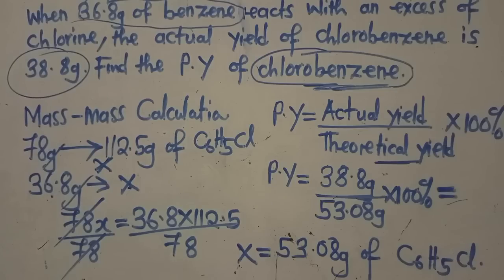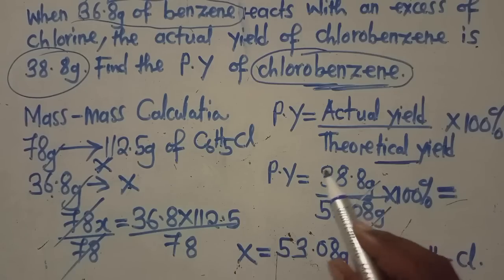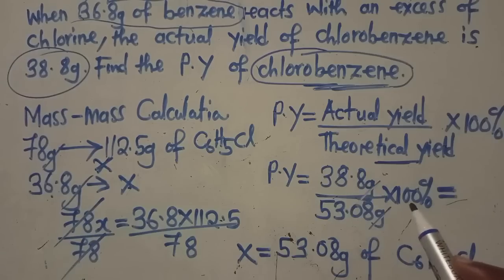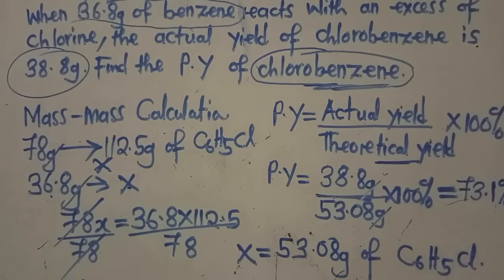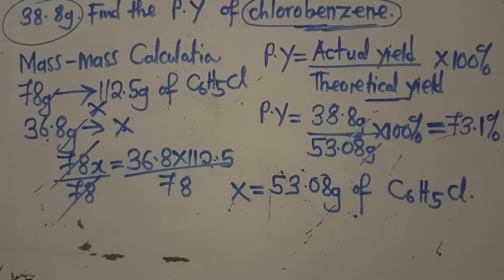So the answer that you need to get there, if the grams cancelled and it is a ratio, no units. So this to 38.8 times 100, after seeing the answer, divide it by that, you need to get 73, if I'm not mistaken, 0.1. So that is what I'm getting.